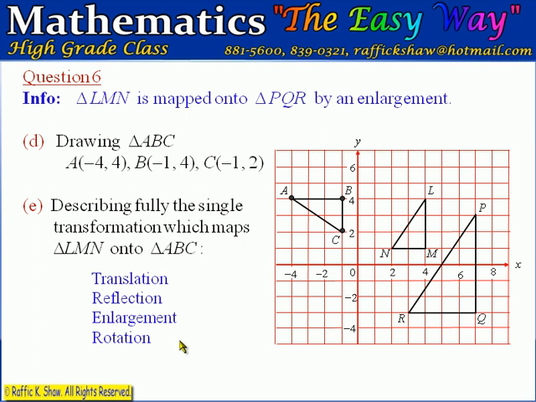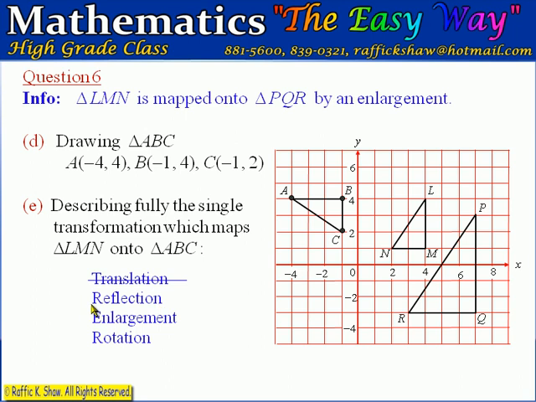And what we could do is eliminate the ones that we are certain that the transformation is not. Now, it is not a translation because there is some turning. Translation is the transformation that moves an object from one location to another location without turning, and so we can cross out translation. It is not a translation.